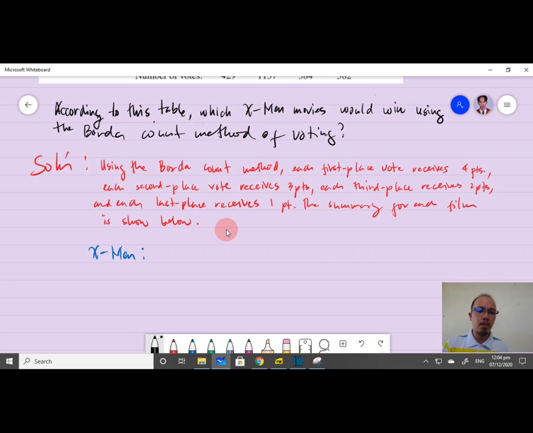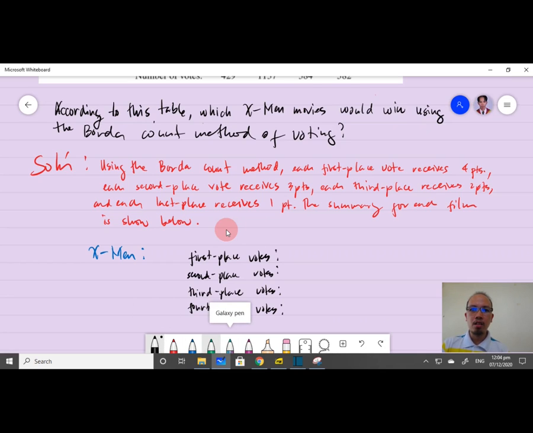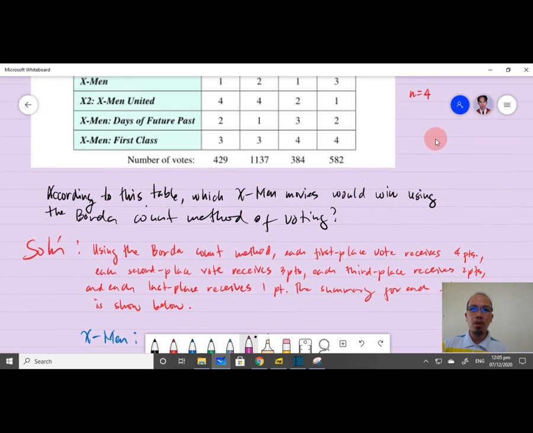Let's try to count the first place votes here, second place votes, then third place votes, and then finally this is the fourth place votes. So let's try this color here.